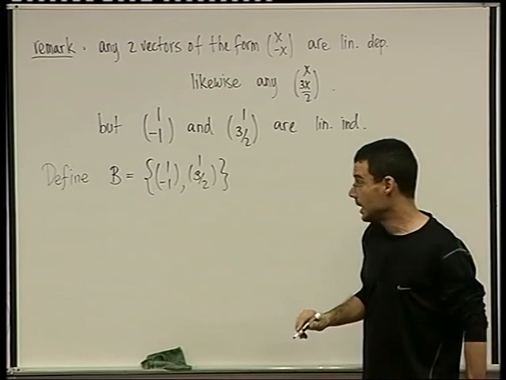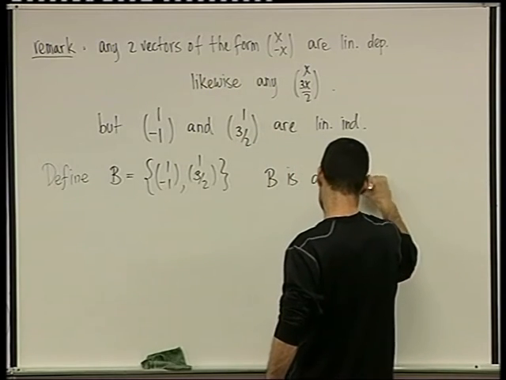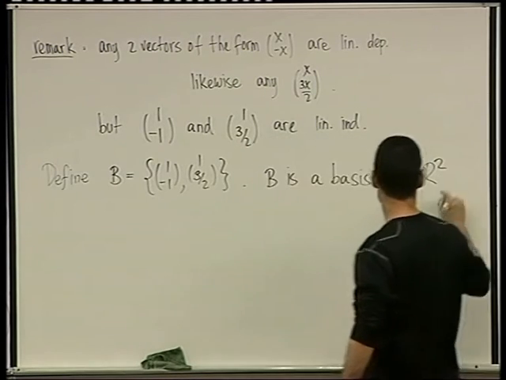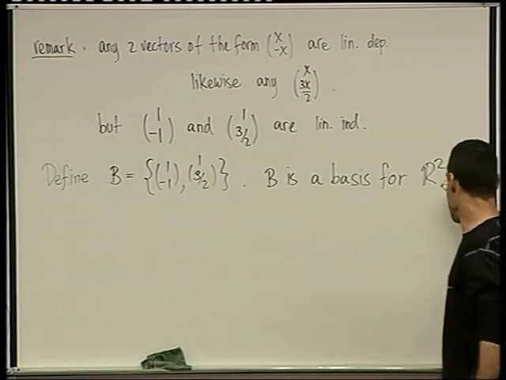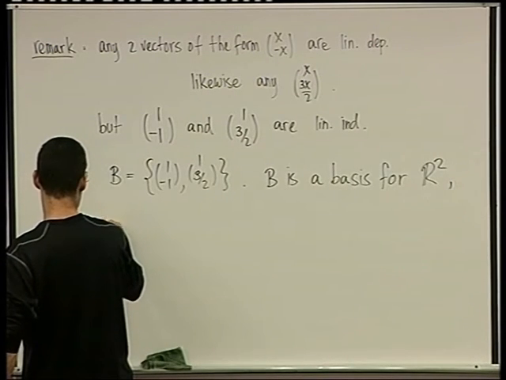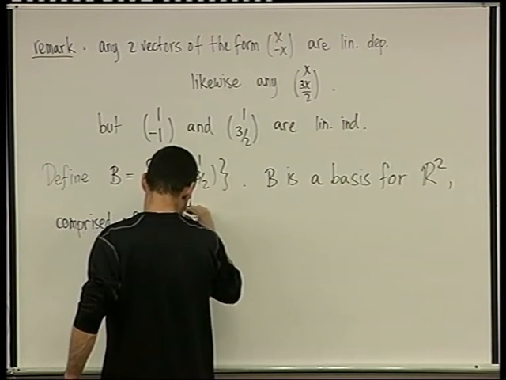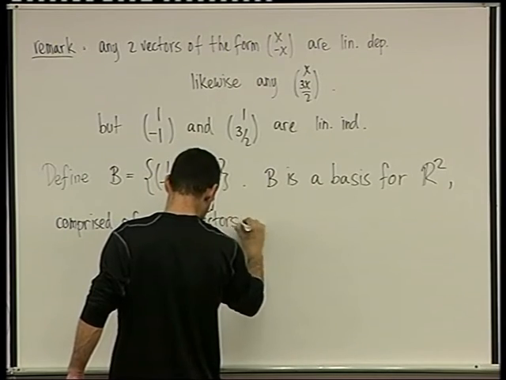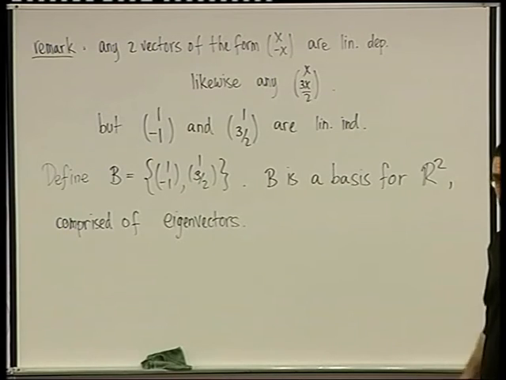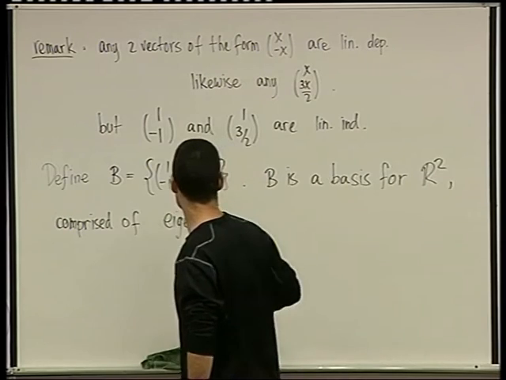Okay. So B is a basis for our space, R2. Right? And it's not just any basis. It's a basis comprised of eigenvectors. That's how we got to B, right? Okay, so what does it mean?